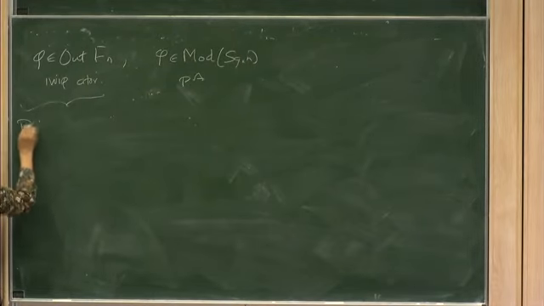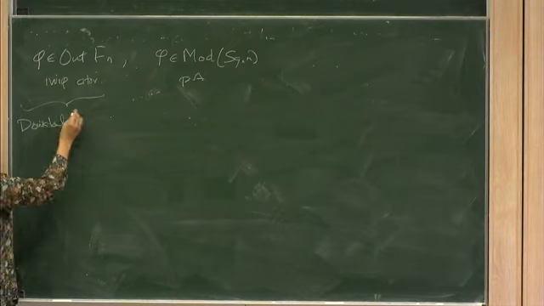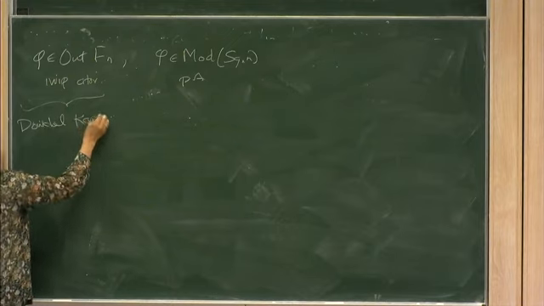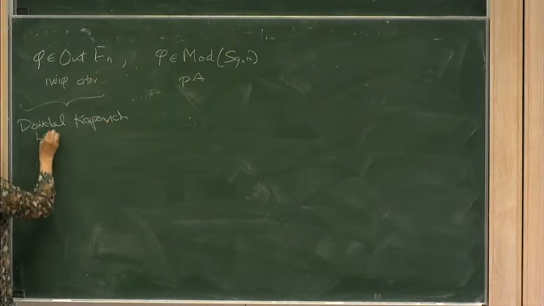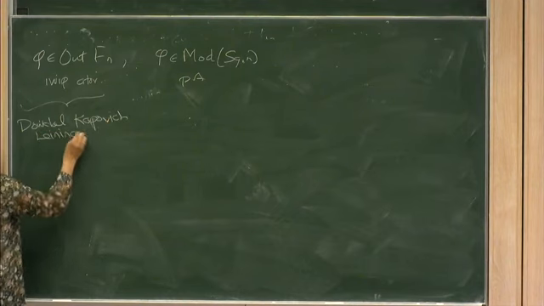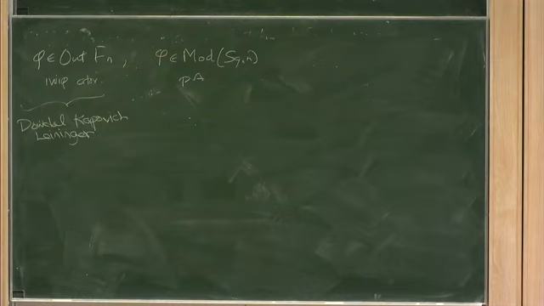So Dowdall, Kapovich and Leininger showed that there's actually, in some sense, a whole family of these things which have related dynamics, and I'll explain that further. And it's related to the Thurston norm, etc.